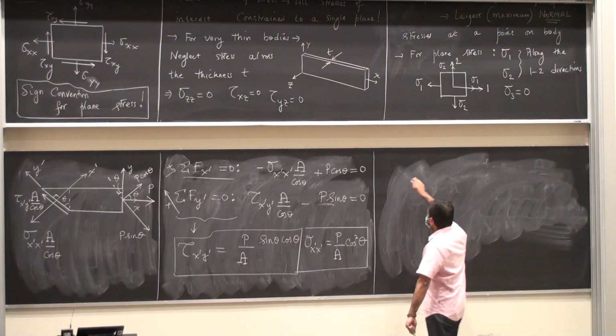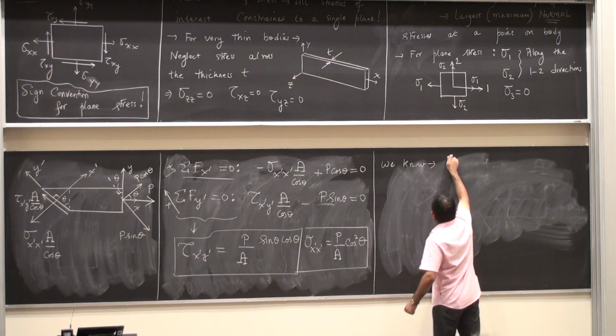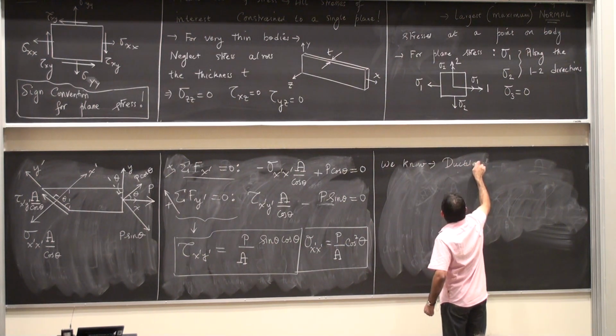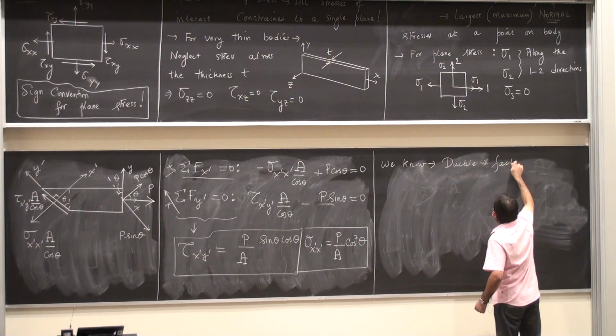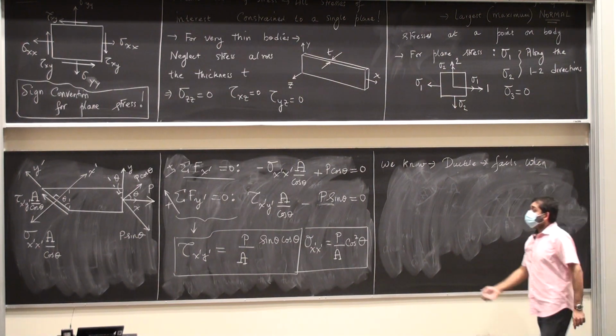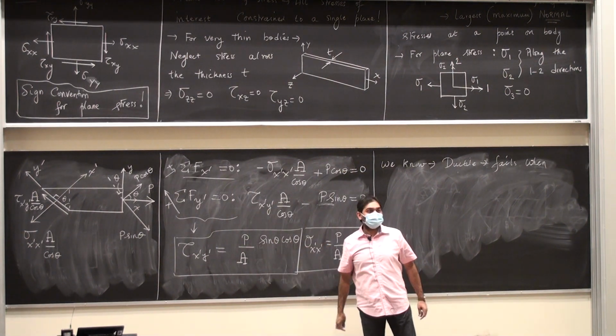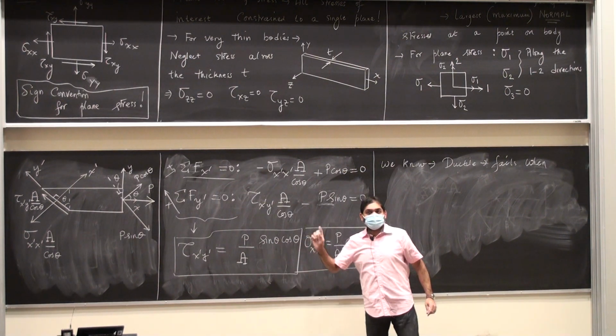Okay, so we know for our specimen, it fails when what? When this reaches a maximum, tau x prime y prime.